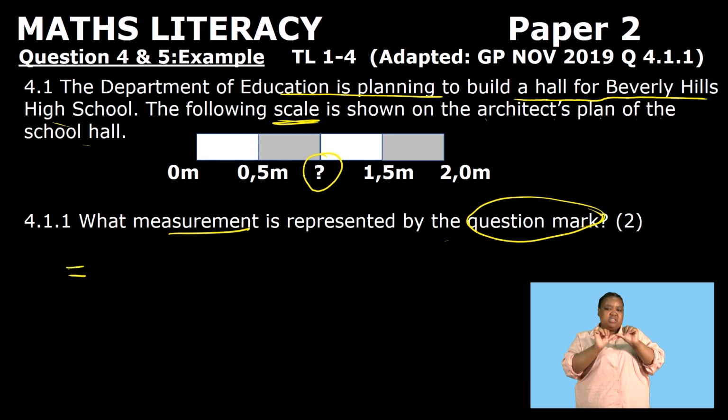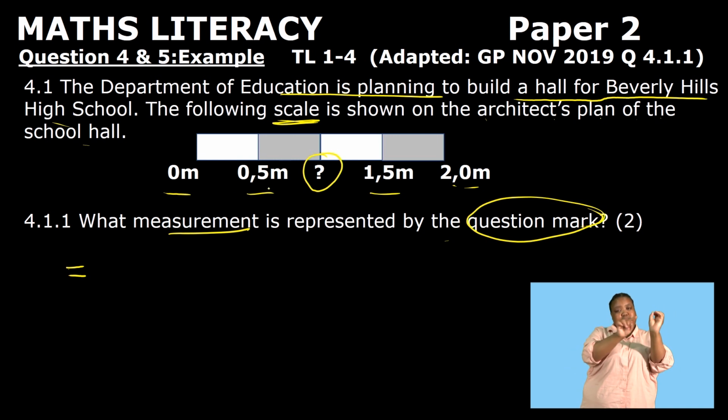So it simply means we are going to find the difference between these values, including from our 0 meters to 2,0 meters. The difference here could be from 0 meters to 0,5 meters. We are adding 0,5. So when you add 0,5 here, you should get 1,5.